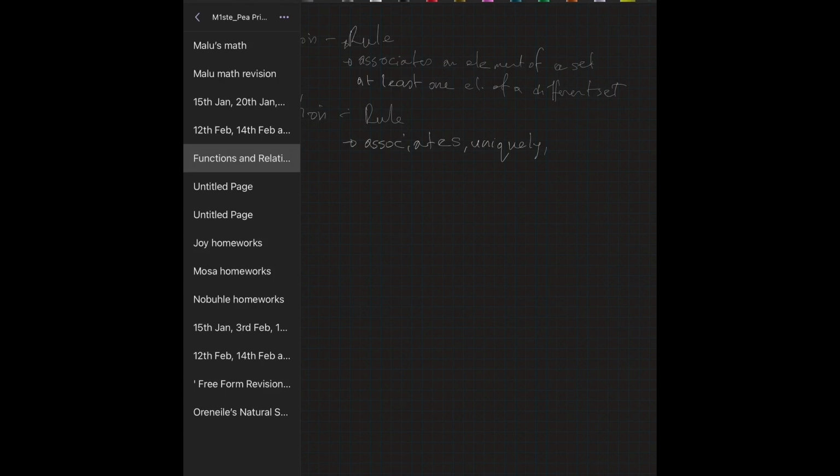That would be one relation, but the function would be all the other points. Uniquely another set.